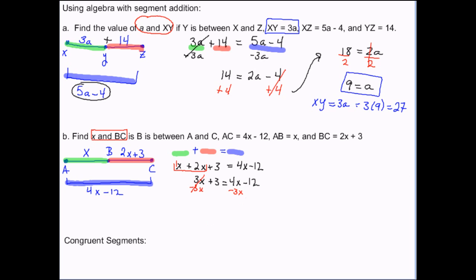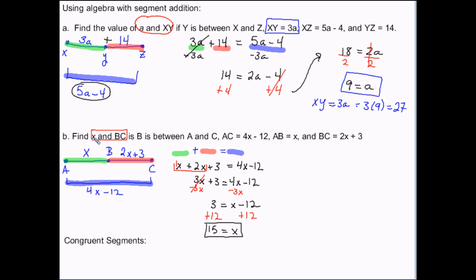That'll cancel those. And have 3 is equal to x minus 12. And then I'll add 12 to both sides. So I have 15 is equal to x. And in this case, I did not have to divide by anything because there's nothing there.